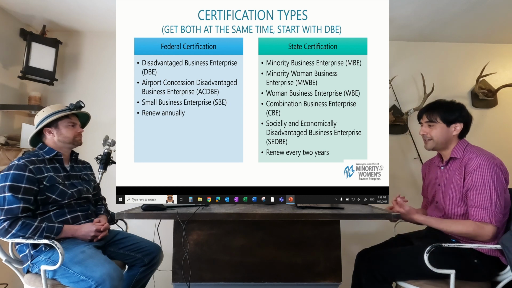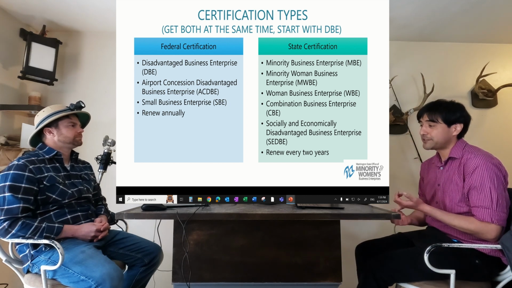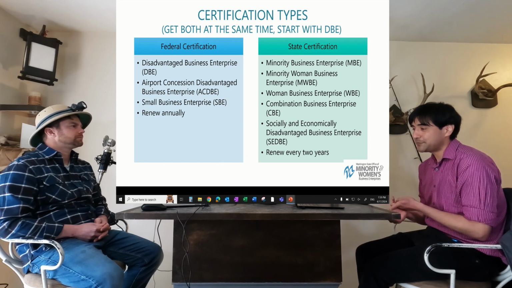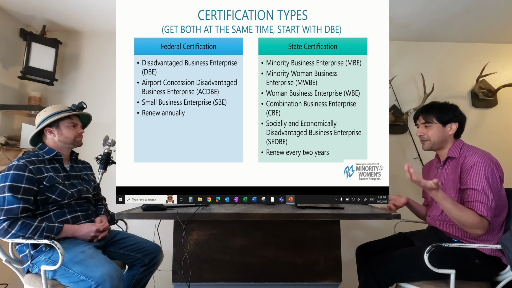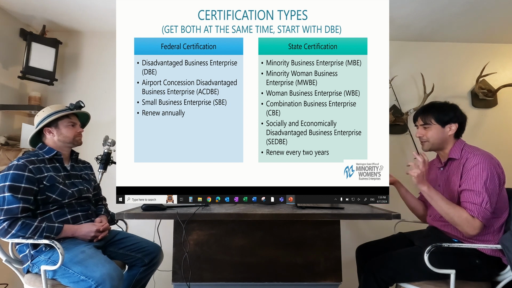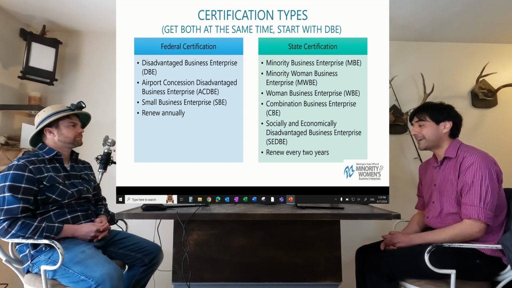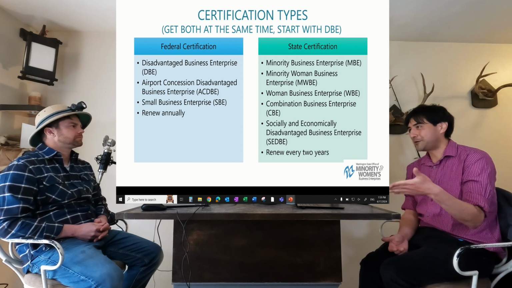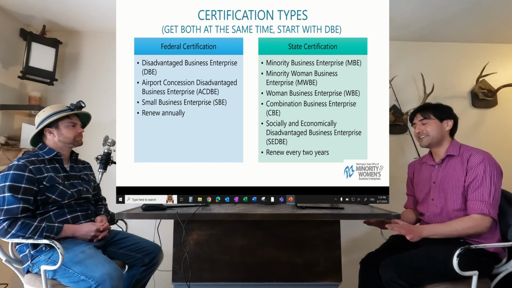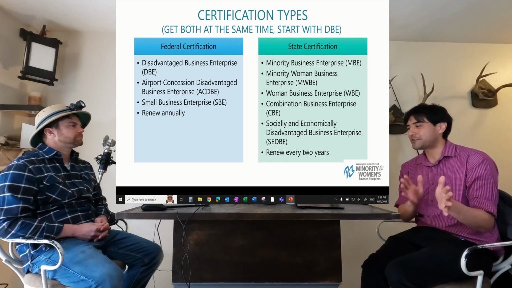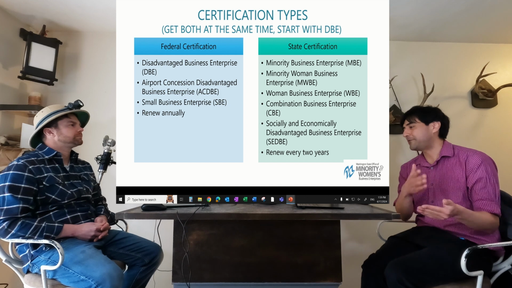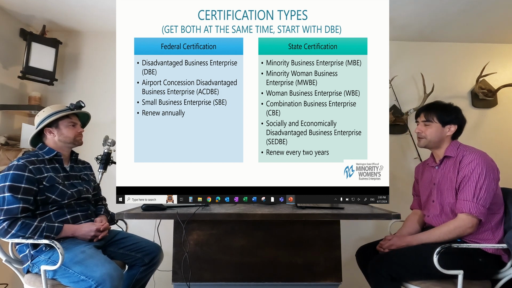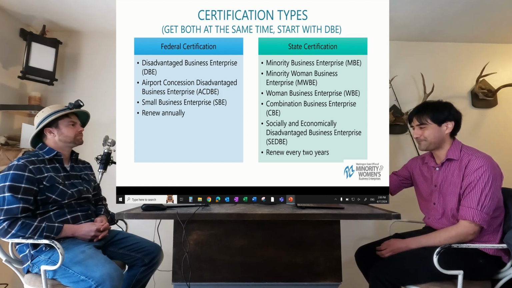And those include minority business enterprise, minority women business enterprise, women business enterprise, combination business enterprise, meaning more than one person, maybe a minority, maybe a woman, maybe a minority woman, so combination, or socially and economically disadvantaged business enterprise. So even though the certification is like minority and women's owned, you don't necessarily have to be those, as long as you are socially and economically disadvantaged and have a way to prove that, usually in the form of a narrative, then you can qualify for OMWBE certification. Okay.